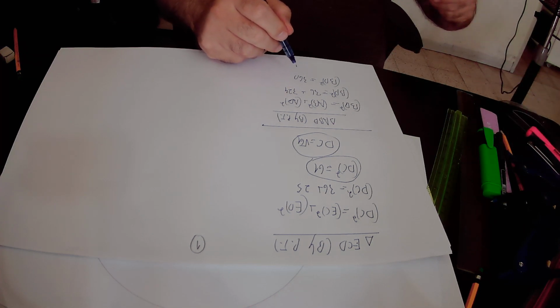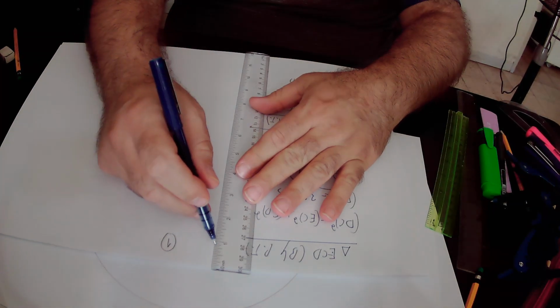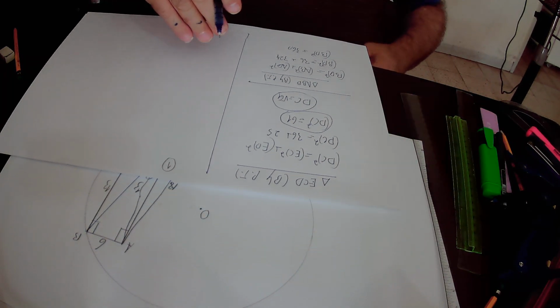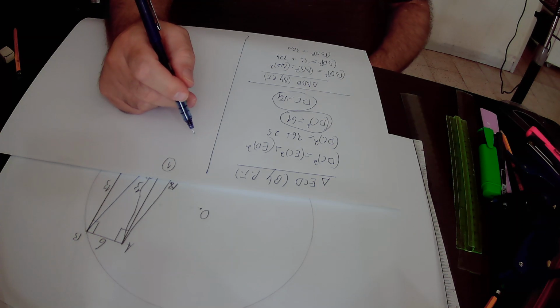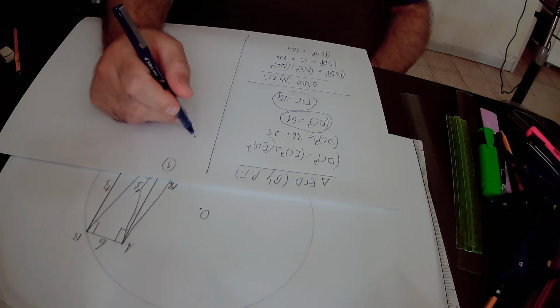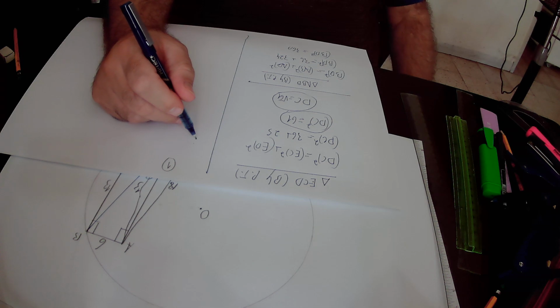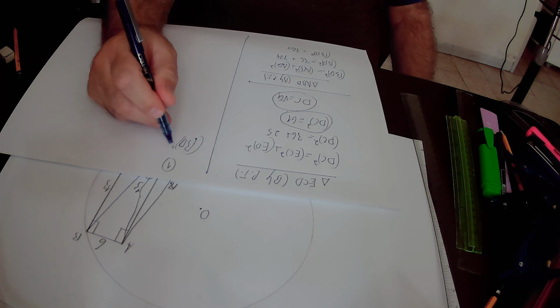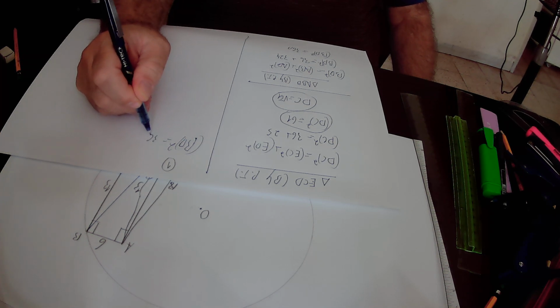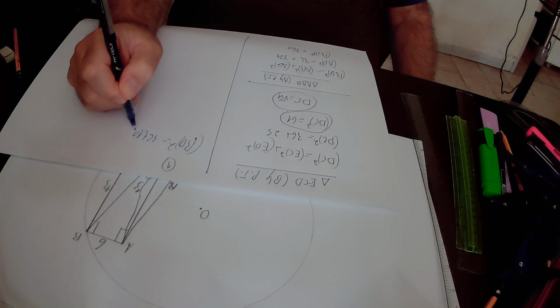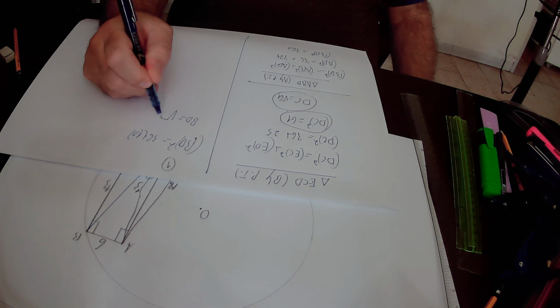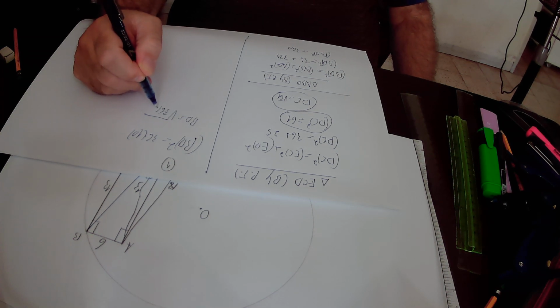Here we take out of this, but first of all, we know that BD squared is equal to 360, so we'll substitute 360 by 36 times 10. So BD squared equals 36 times 10. Now we take the square root of this equation and we get that BD equals the square root of 36 times 10.